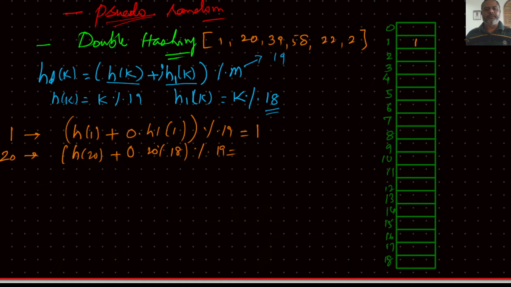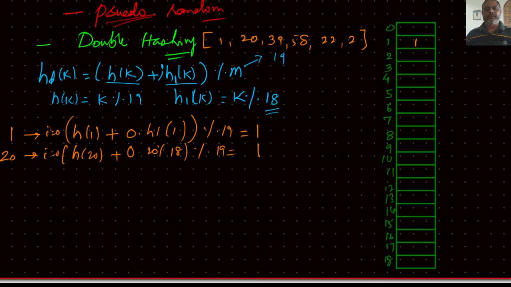That is for i equal to 0. So h of 20, that is 20 mod 19, is 1. 1 plus 0 is 1.